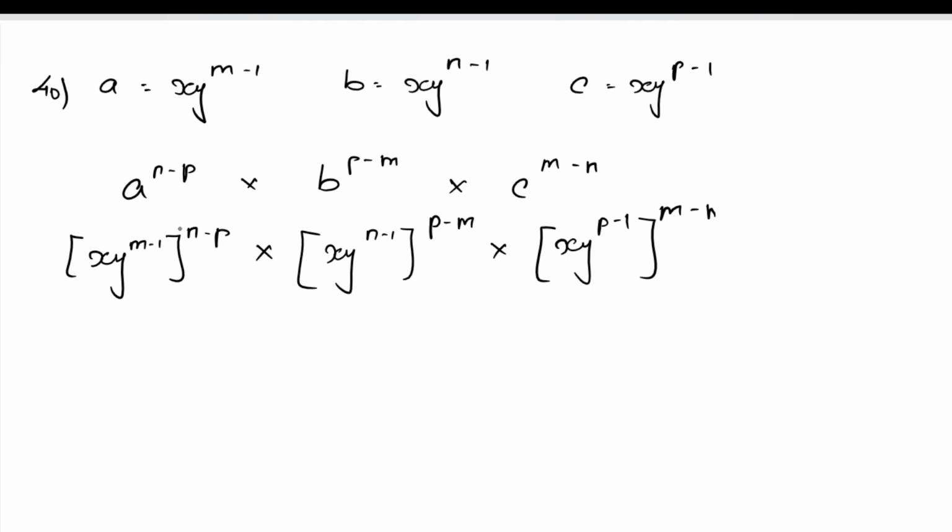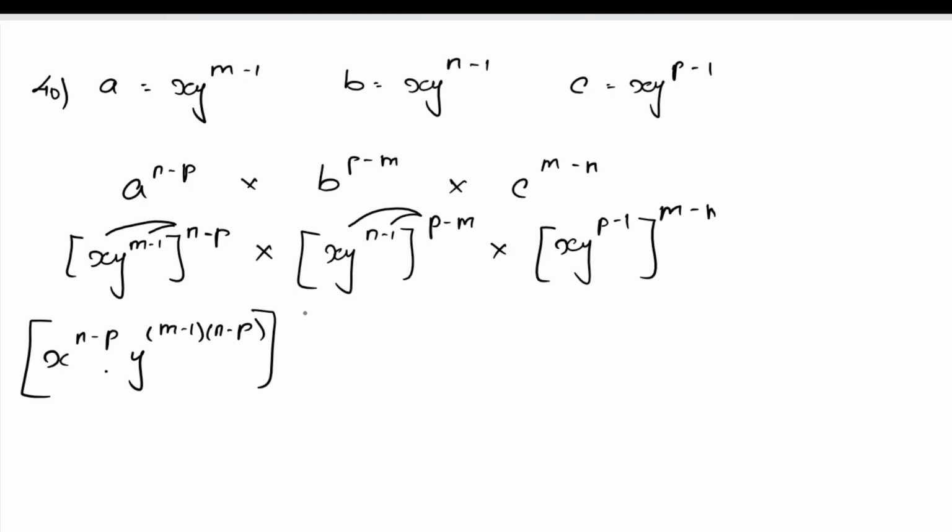Now I'm multiplying this n minus p to each term individually. So multiply by x and then multiply by y to the power m minus 1. I'll get x to the power n minus p into y to the power m minus 1 into n minus p. Do the same thing here.